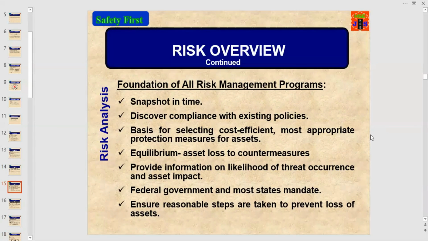Dear friends and fellows, the foundation of all risk management programs are: snapshot in time, discover compliance with existing policies, basis for selecting cost-efficient, most appropriate protection measures for asset equilibrium, asset loss to countermeasures, provide information on likelihood of threat occurrence and asset impact.